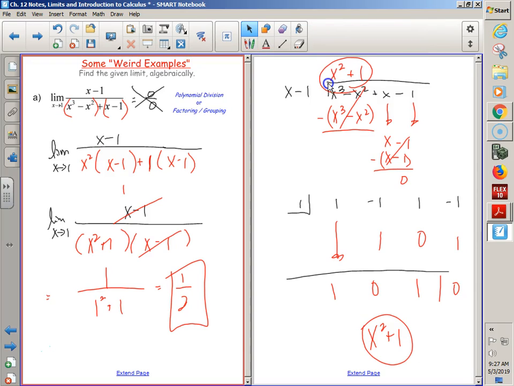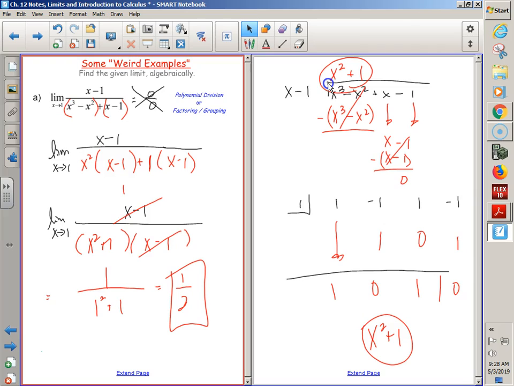Okay, question. If you guys looked, I said polynomial division or factoring by grouping. Now, here's my polynomial division, here's my synthetic division, and here's my grouping. Could they all have gotten me to the same place? What's weird though, was my division the normal way of this coming down?